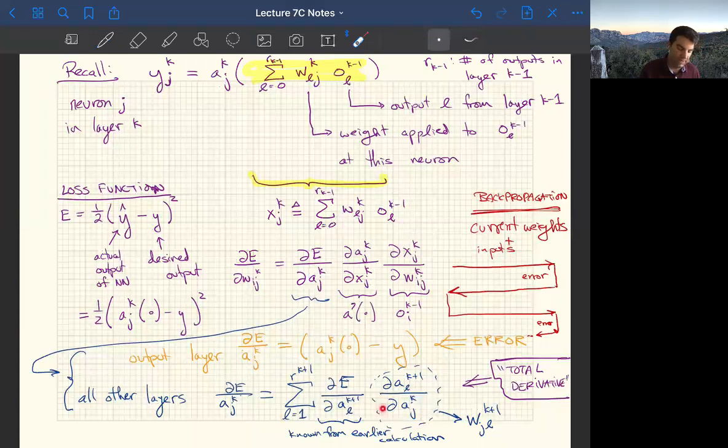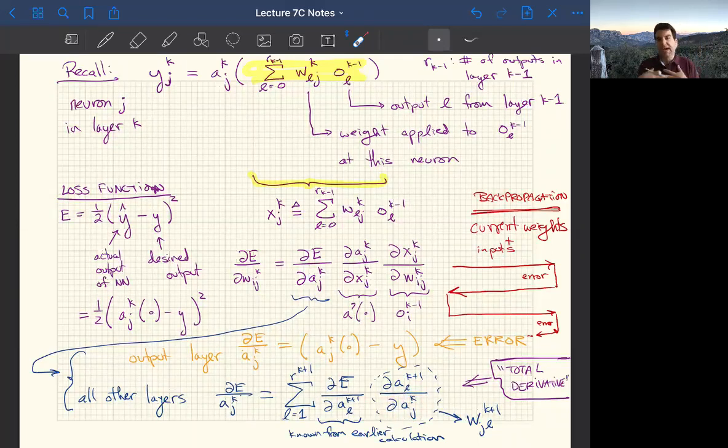In order for me to understand the partial derivative with respect to the activation function of the layer I'm on, I am breaking that up into a multidimensional problem where I ask, how much does my loss function depend upon these other dimensions that are involved in the activation function that I'm working with?